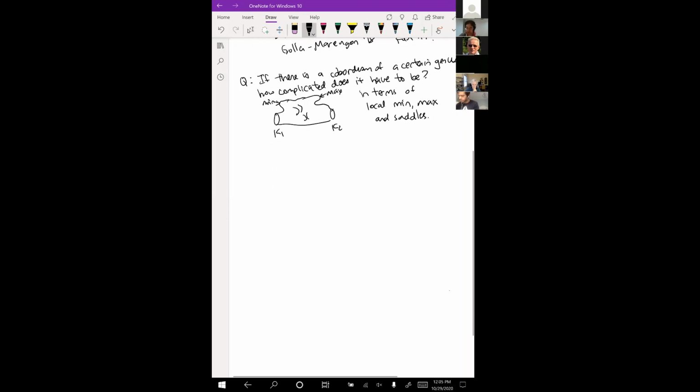So just to review a little bit about this question, there is a recent paper by Juhász, Miller, and Zemke that studied this question for orientable cobordisms.